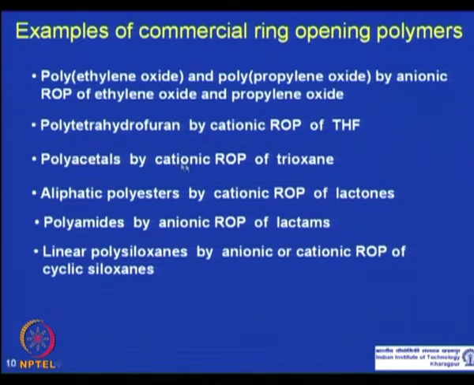Polyacetals are synthesized by cationic ring opening polymerization of trioxane, and as I gave examples, aliphatic polyesters from lactones and polyamides from lactams. This is also very common, where linear polysiloxanes or silicones are synthesized by anionic or cationic ring opening polymerization of cyclic siloxanes.